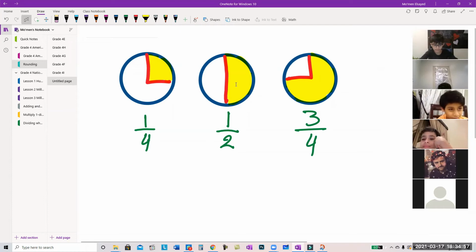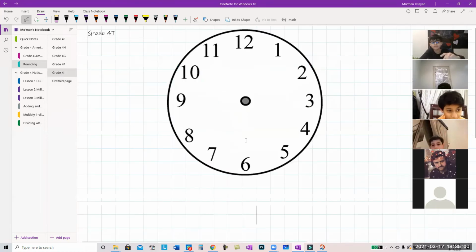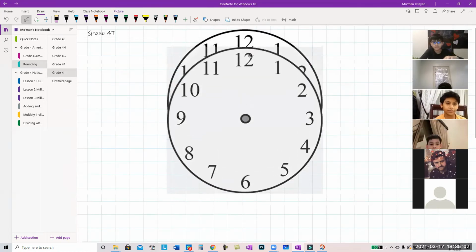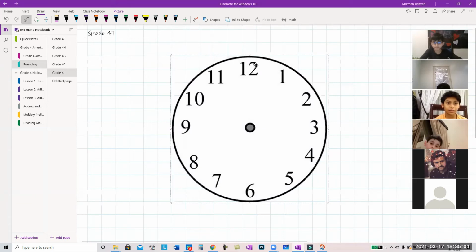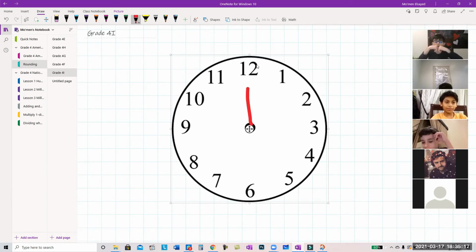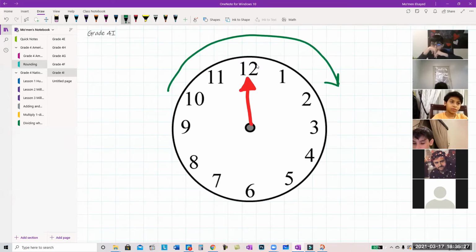So let's get back to the clock here. If I ask you, we have two directions of the clock, okay? We can use this minute's hand to move around the clock. It's moving in the normal direction like that, right?